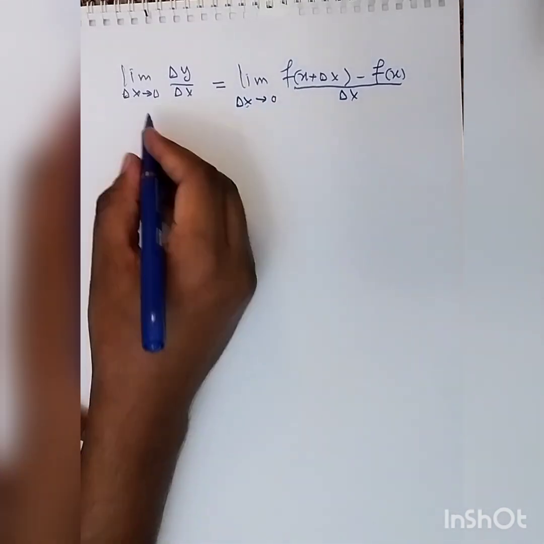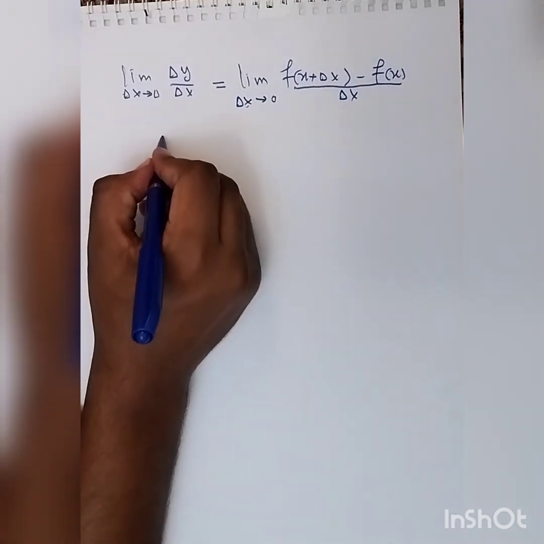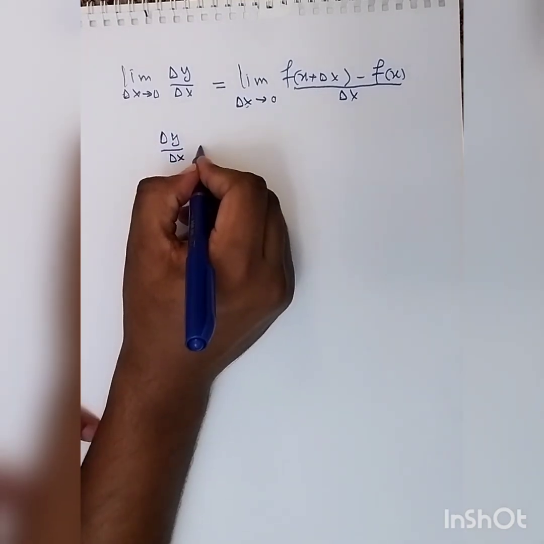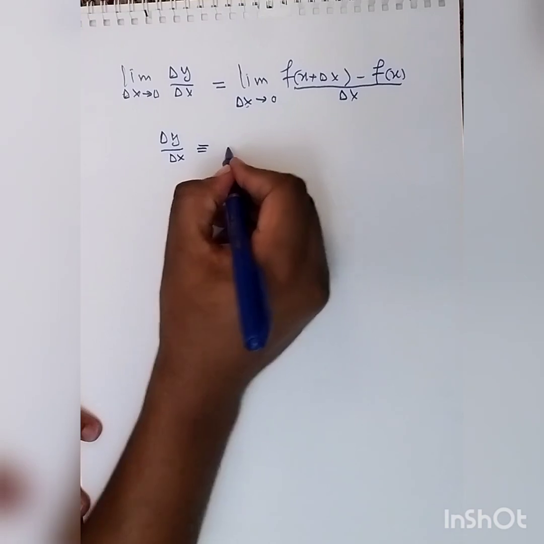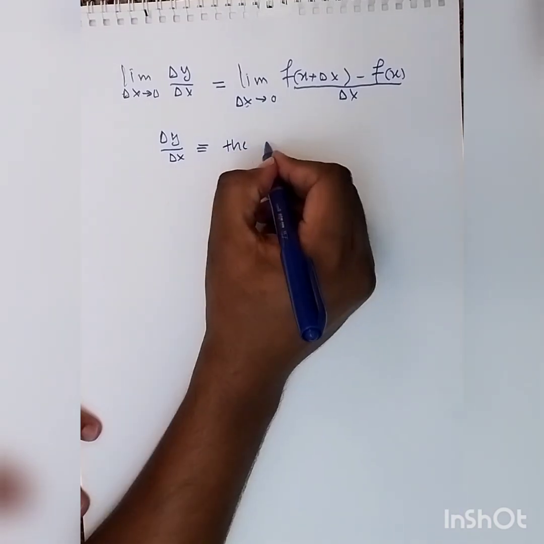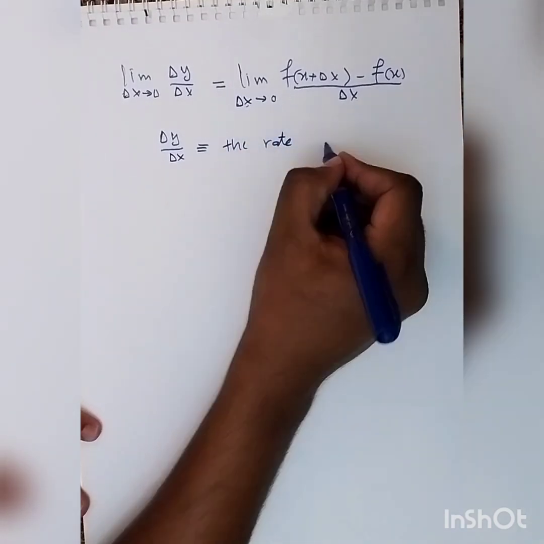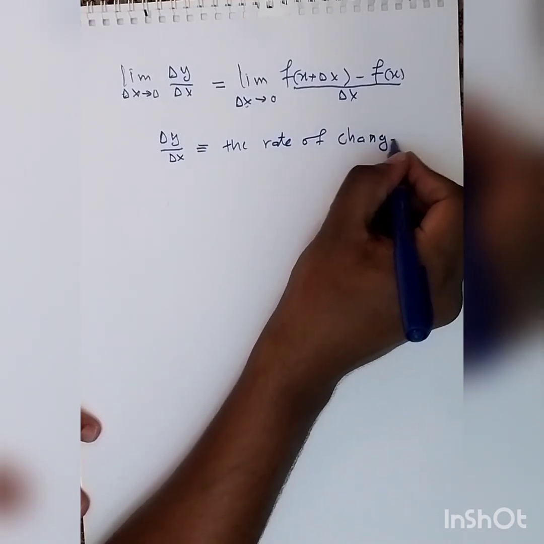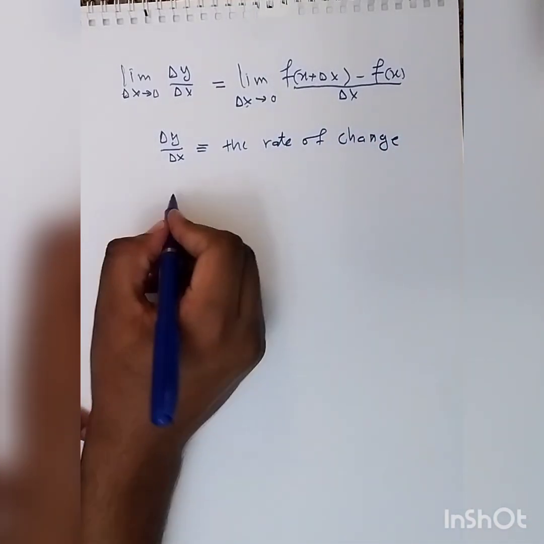So basically this is the rate of change. Delta y divided by delta x represents the rate of change, and you find it in the books.